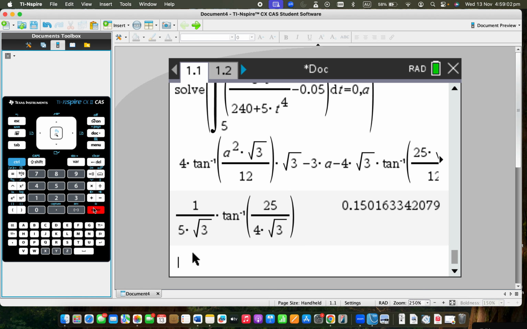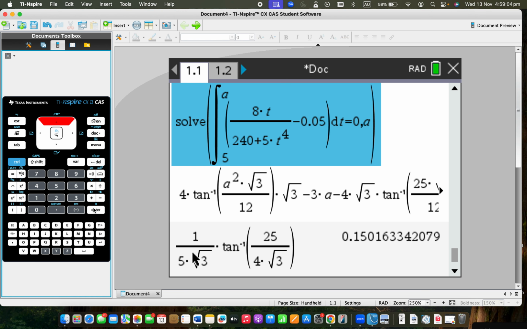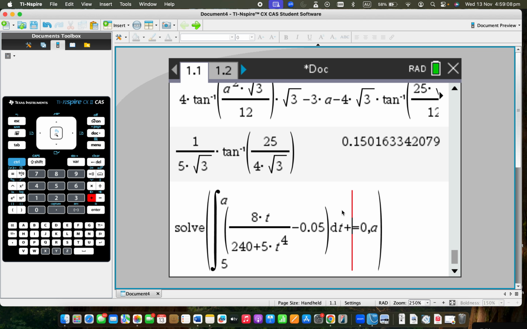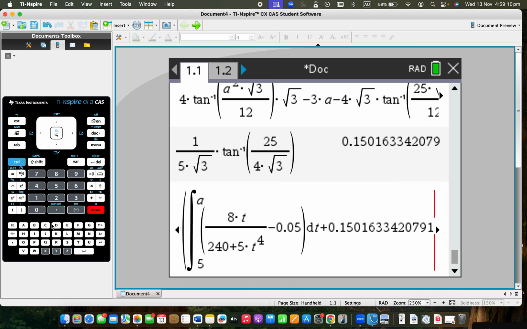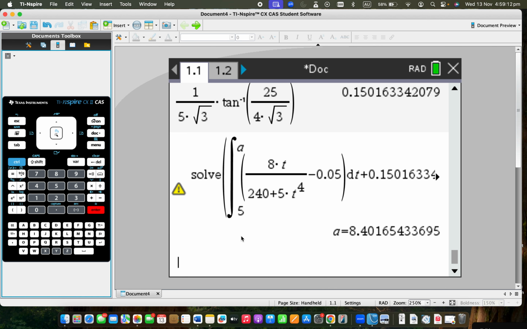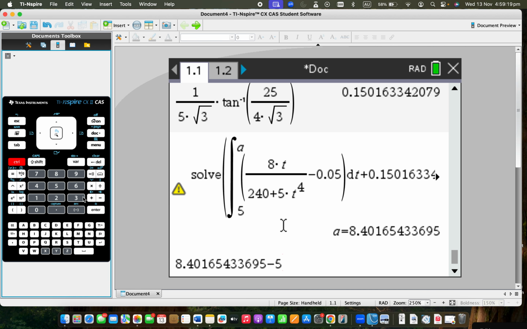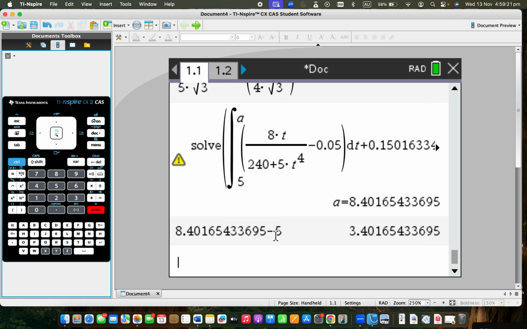So that's the initial volume. So do I add that on at the end? And then I subtract 5 from that, because it's how long after the thing started.